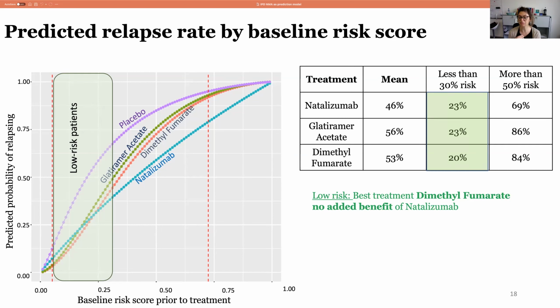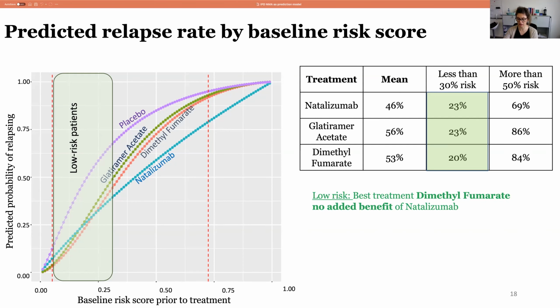And that is quite important because natalizumab is associated with rare but very serious side effects, whereas glatiramer acetate is an old and very well-studied drug with very few risks to take, and it's also oral.